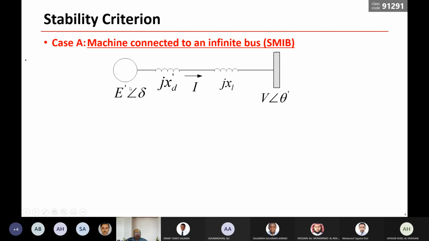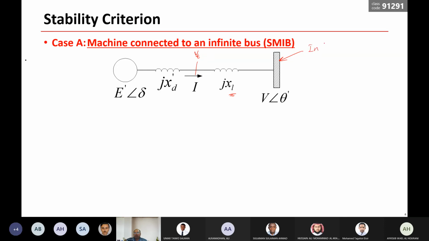You have the voltage source, the transient reactance, the transmission line impedance, and the terminal voltage V terminal somewhere here. Assume there is no load here, but the current will be the same up to the infinite bus. So this is the infinite bus.